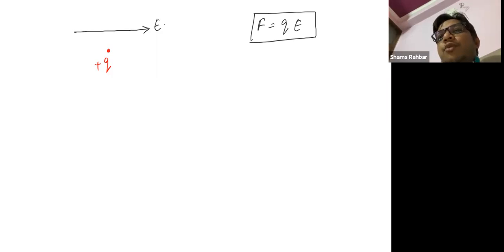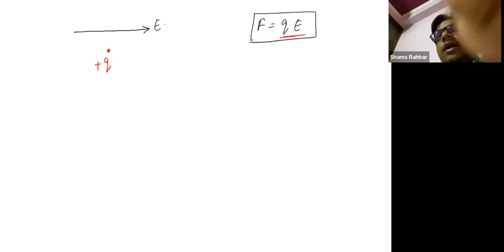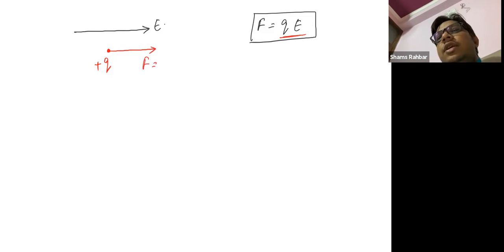The point is that force is a vector quantity, so this force will also have some direction. Force is a vector quantity, so the charge will experience a force, but that force will have a direction. Correct? If the charge is positive, the direction of force acting on this charge will be in the direction of electric field.